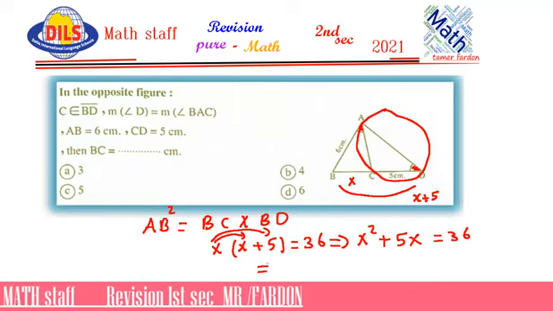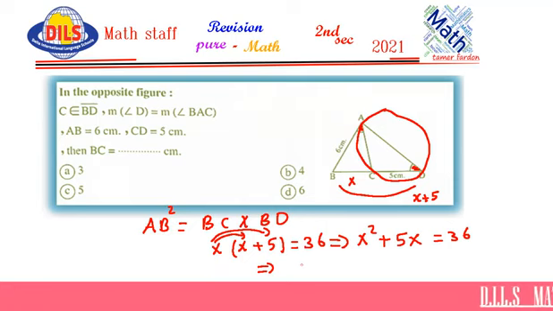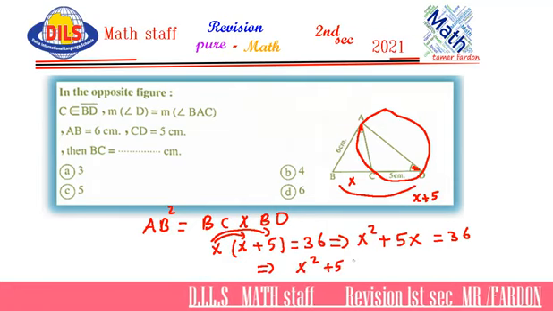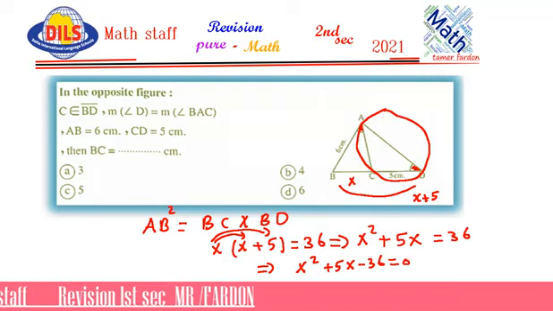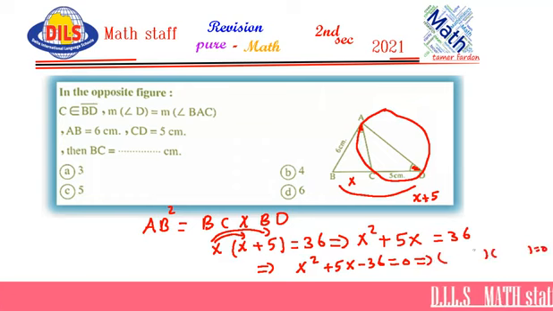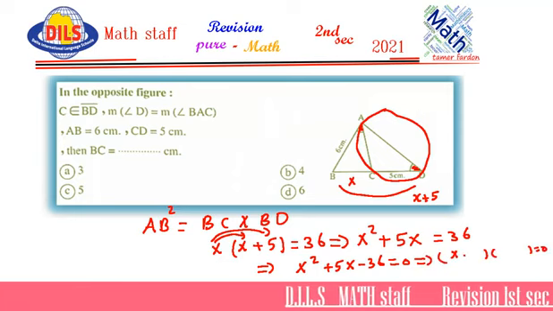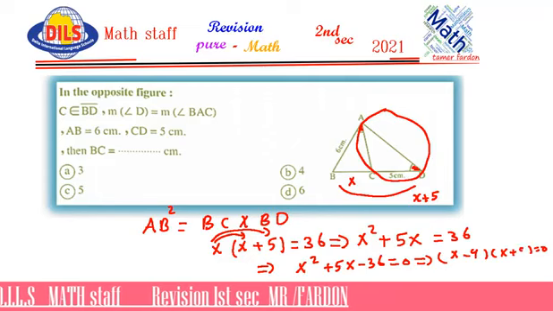Quadratic equation of the second degree, so its right side must be equal to 0. So x power 2 plus 5x minus 36 is equal to 0. Factorize, we get two factors as x minus 4 times x plus 9.